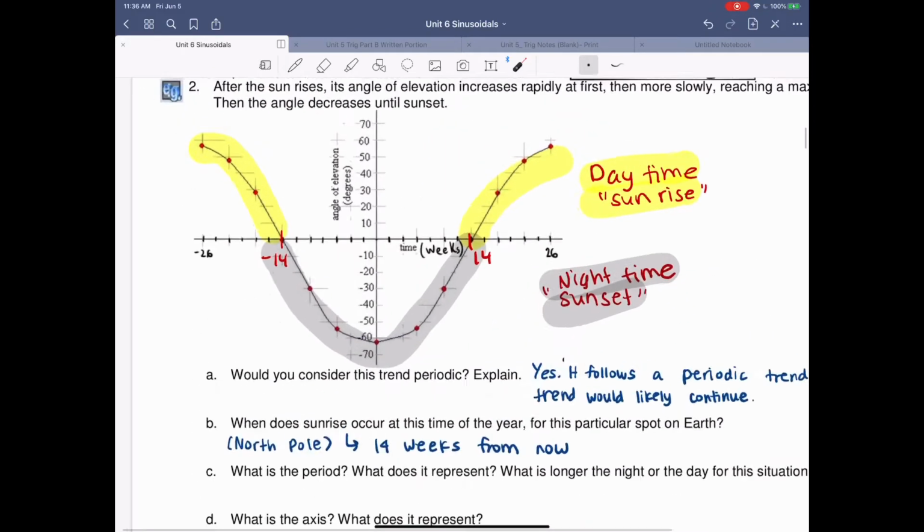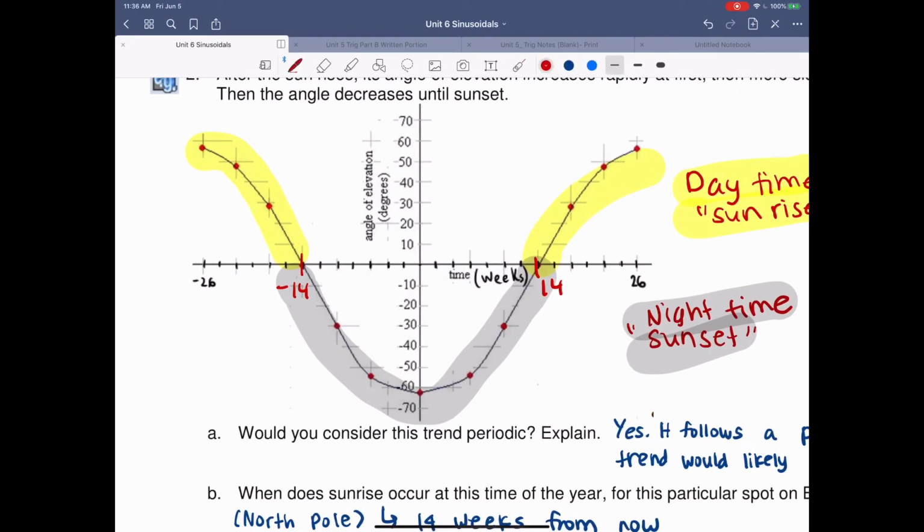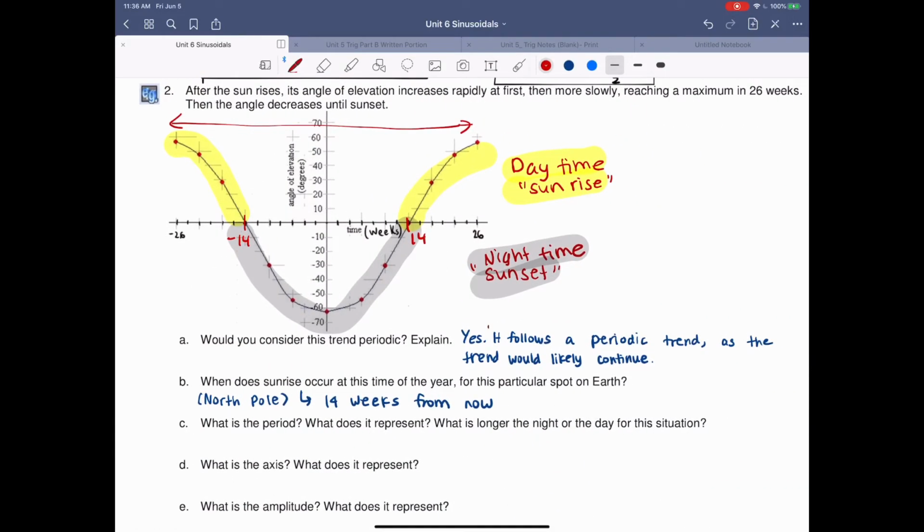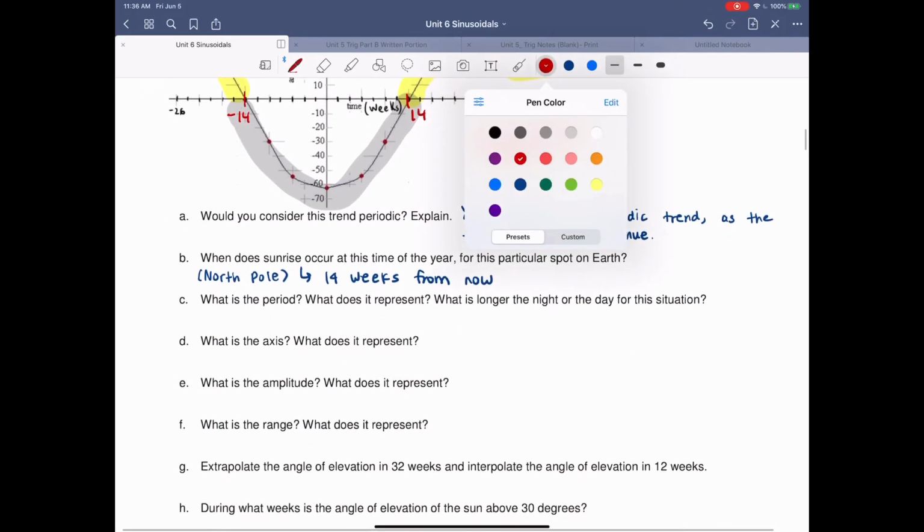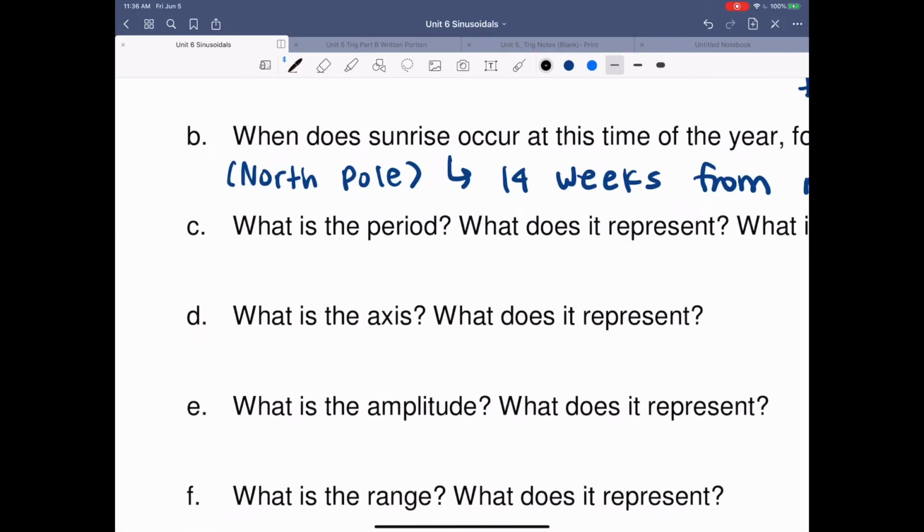It starts and finishes there. And so in terms of finding out my period, it's going to start there and end here. And you're going to look at the x value when you're figuring out the period. So P is equal to right point x minus left point x.